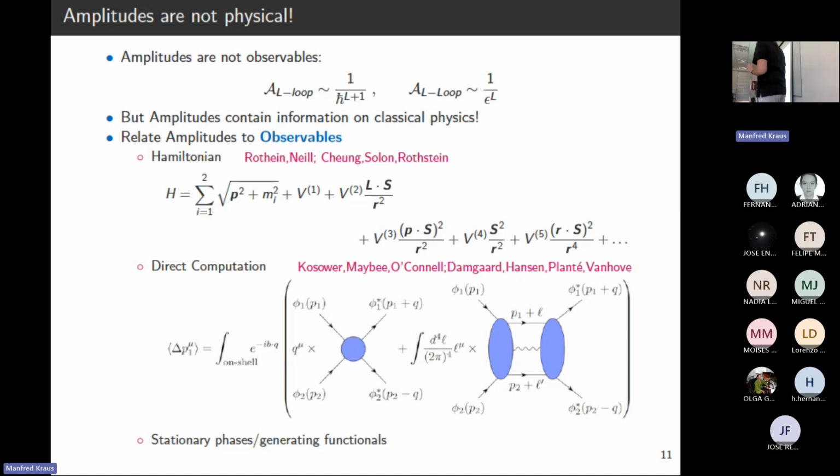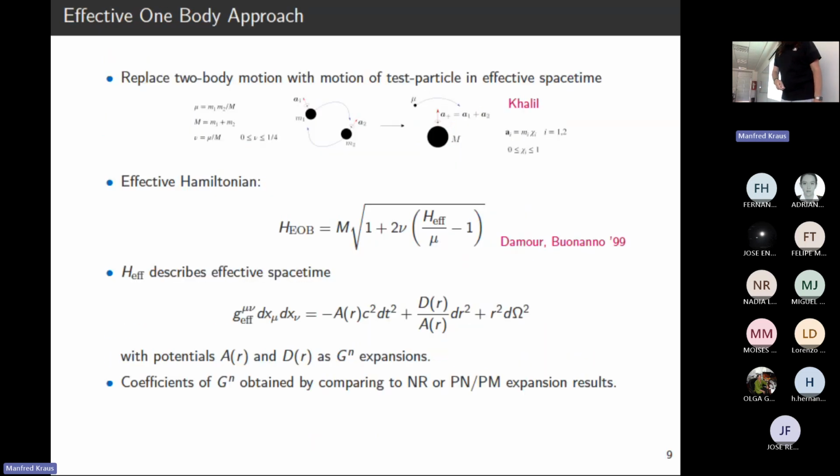We can do this in various approaches. One is, for example, to extract directly a classical Hamiltonian out of these scattering amplitudes. If we do this, then we can essentially match directly with the Hamiltonian of the effective one-body approach.